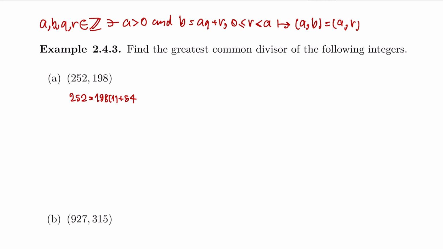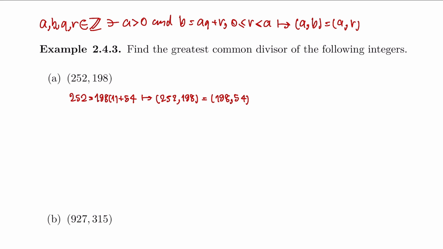From this, the greatest common divisor of 252 and 198 equals the greatest common divisor of 198 and 54. And then what next?